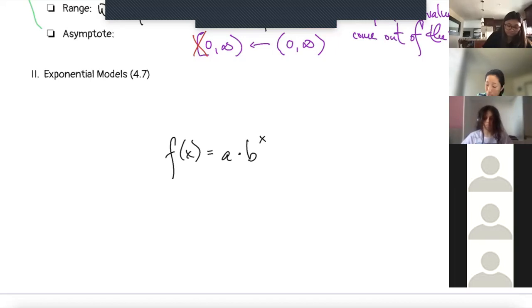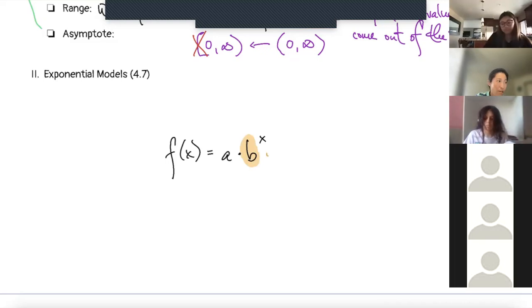Now we talked about what each of these things means, and we also talked about which one makes it growth and which one makes it decay. I want to focus on one part in particular, and that is the b value.